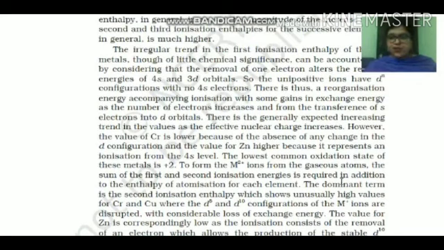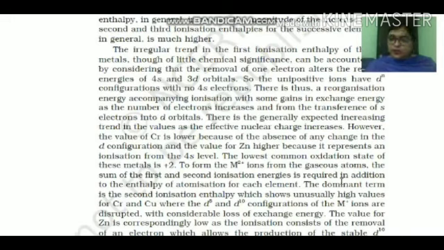And one more thing, children, when you compare the data, the first ionization enthalpies of the third transition series are higher than those of the first and second transition series.